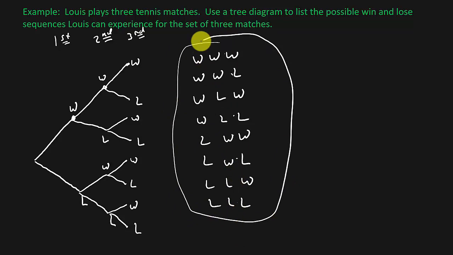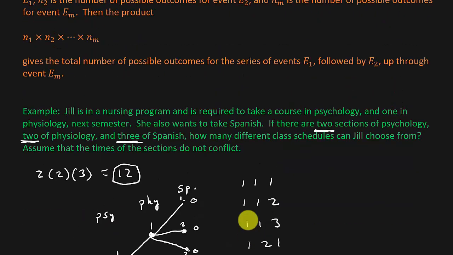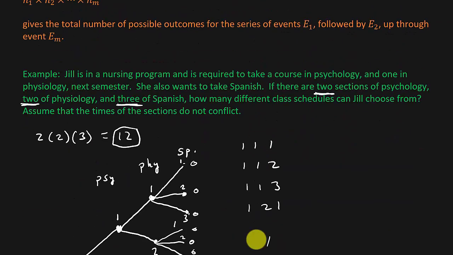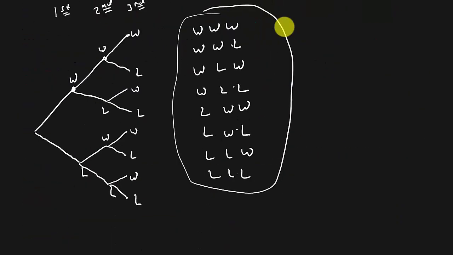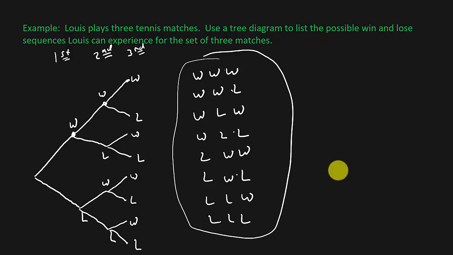And we can also see by this counting principle up here, that we went over at the very first, let's take the first match. How many different outcomes are possible for the first match? Well, there's 2. How many different possible outcomes for the second match? 2. So times 2. How many different outcomes for the third match? 2, because he can just win or lose.